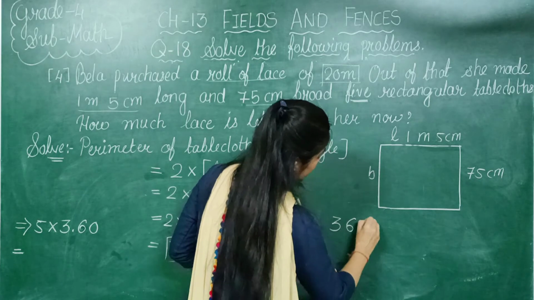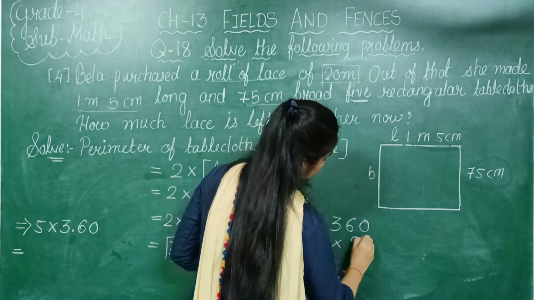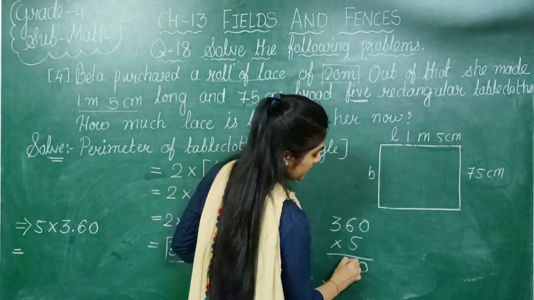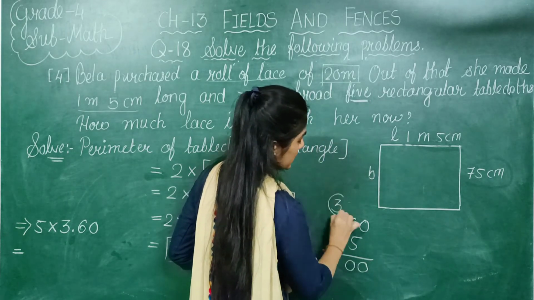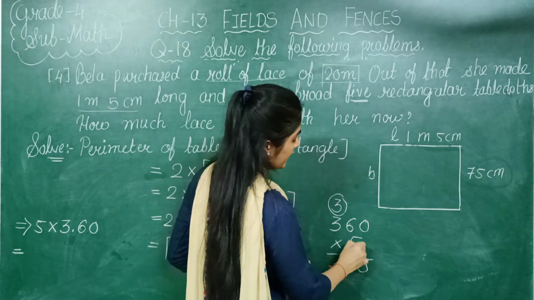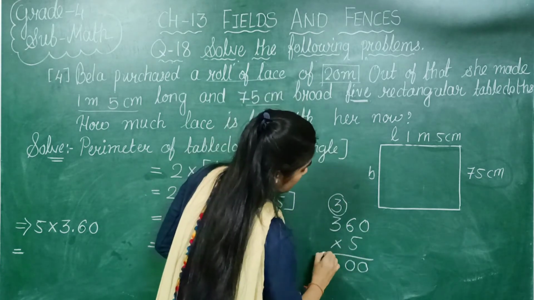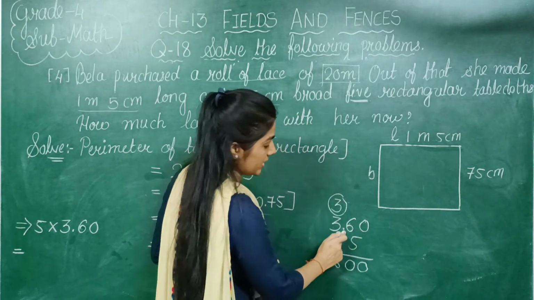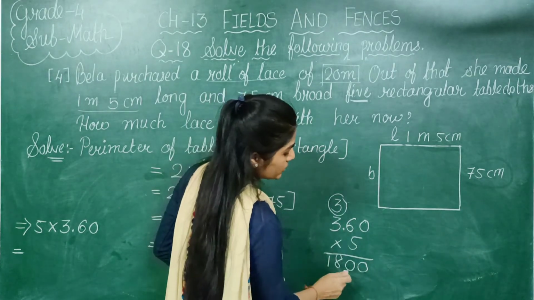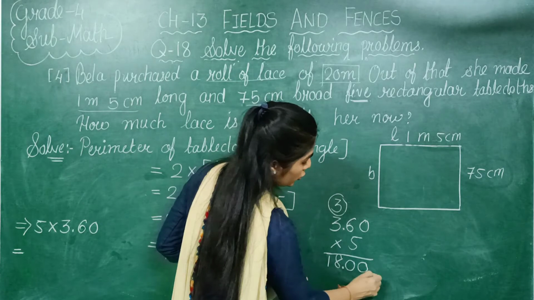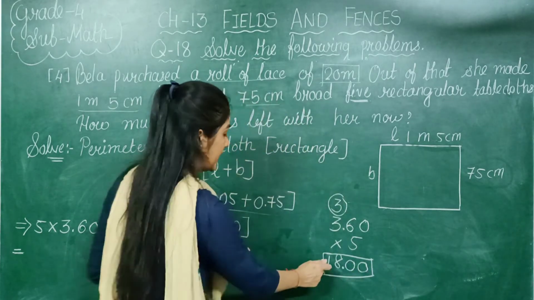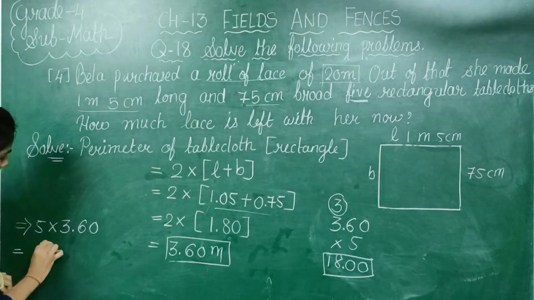As I told you, remove the decimal point and then do the multiplication. 0 5s are 0, 5, 6 5s are 30, 3 carry, 3 5s are 15, 15 plus 3 is 18. And now before 2 digits the point is given, so in the answer also you have to keep the point before 2 digits. So 18 is your answer.